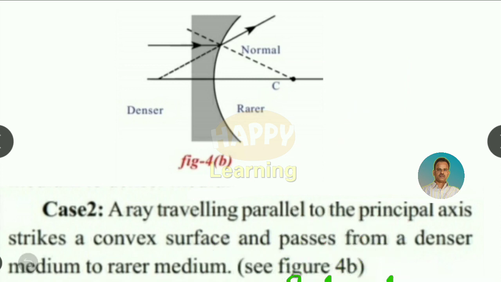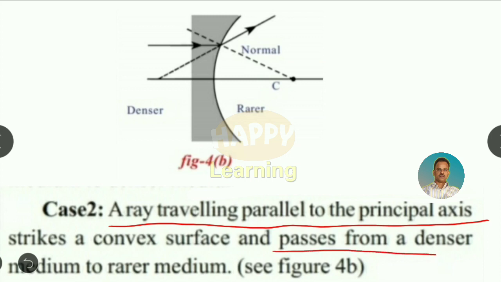Now, a ray traveling parallel to the principal axis passes from denser medium to rarer medium. This is the denser medium. This one is the rarer medium.